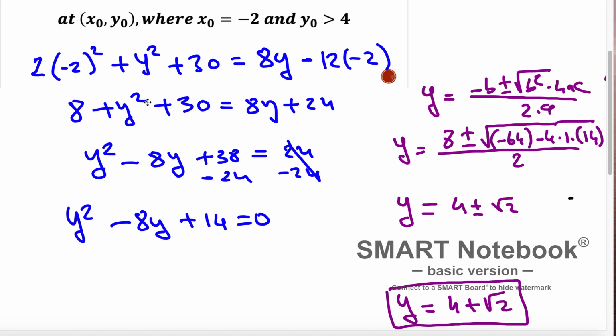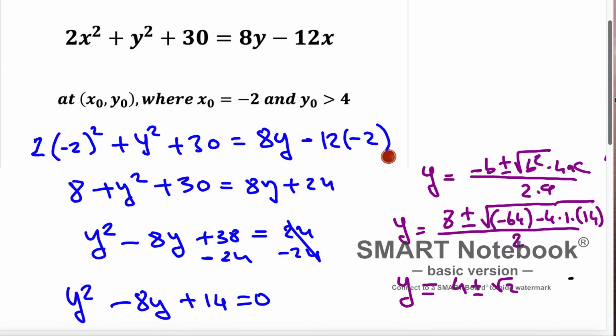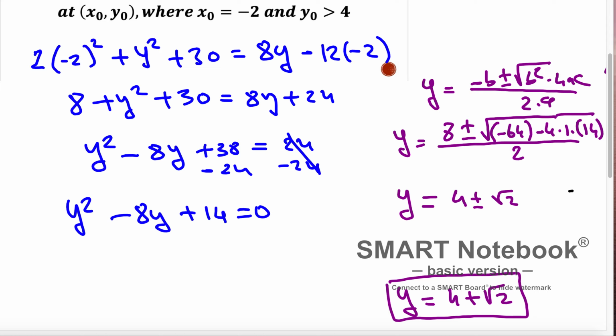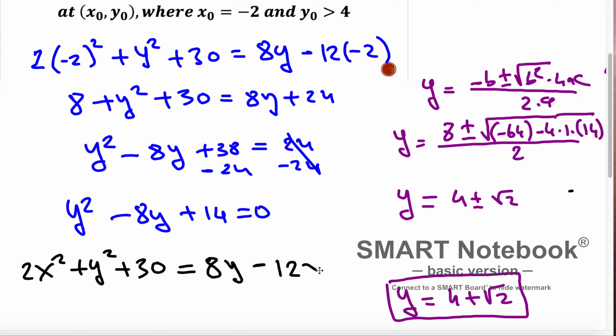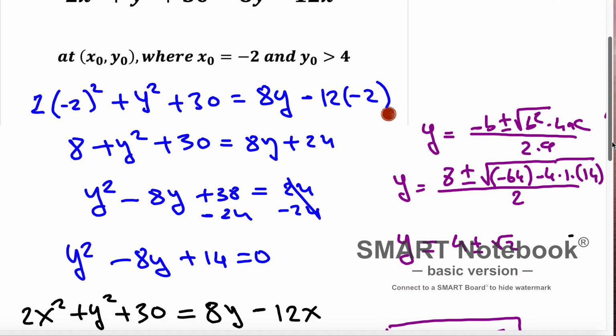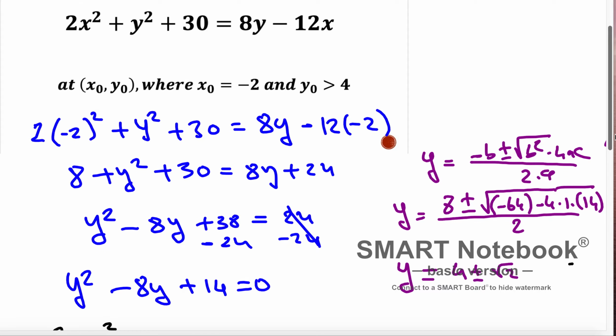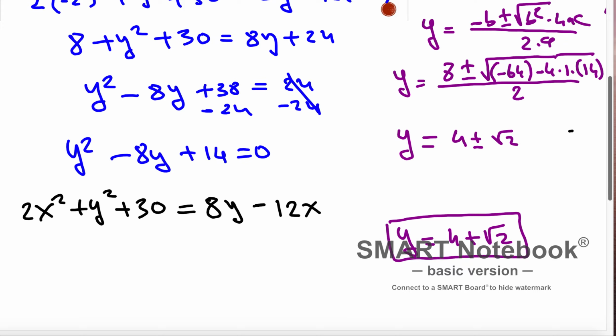And now we take the original equation, 2x squared plus y squared plus 30 is equal to 8y minus 12x. Let me make sure I wrote it correctly.